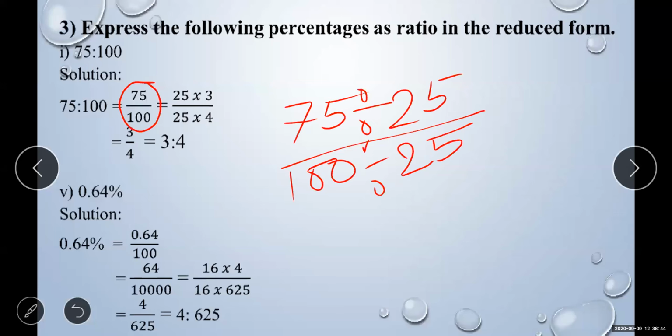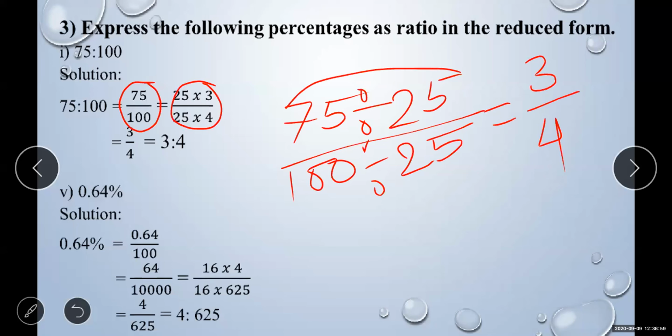We have to make the reduced form, so we have to take a division. We know that 25 threes are 75 and 25 fours are 100. So this is the reduced form. You can also write it in this form, multiplication, or do the division directly. Okay, getting how to reduce the percentage?